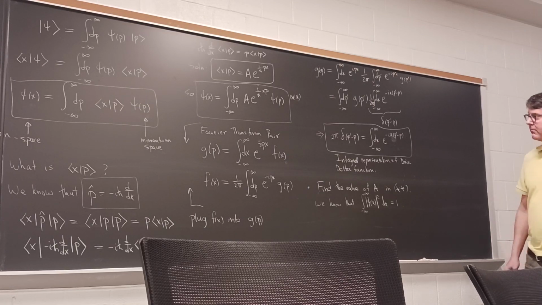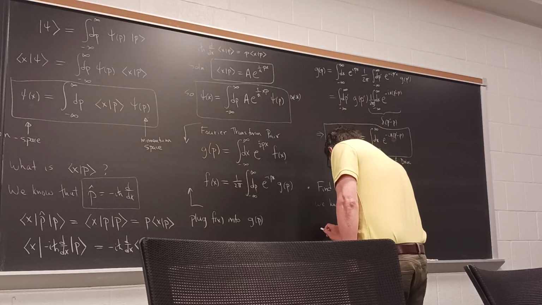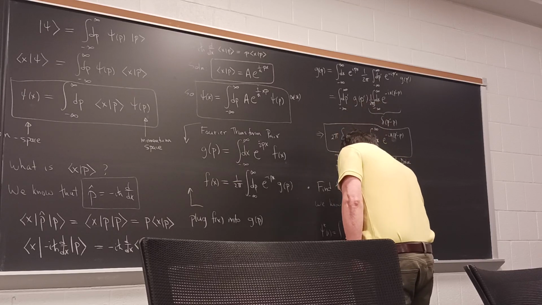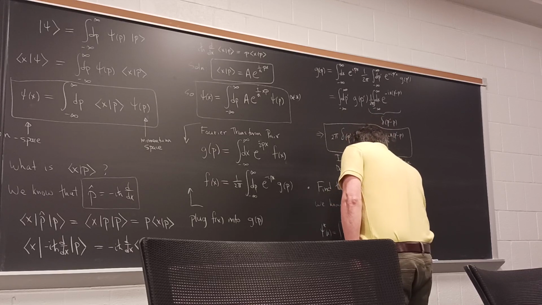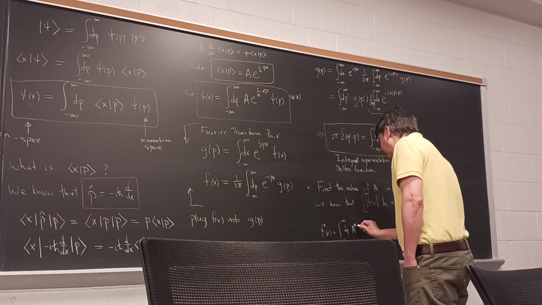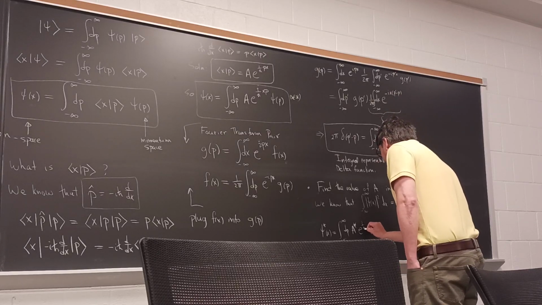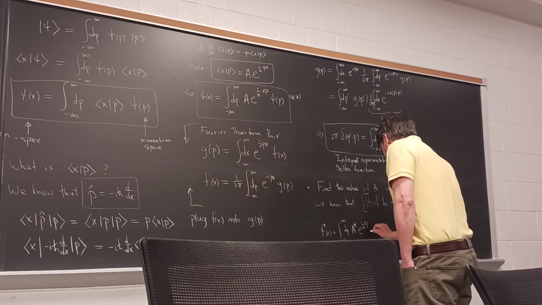So that means we have to take the conjugate of this. So we write psi star of x. That's the integral from minus infinity to infinity dp a star e to the i over h bar xp psi of p.